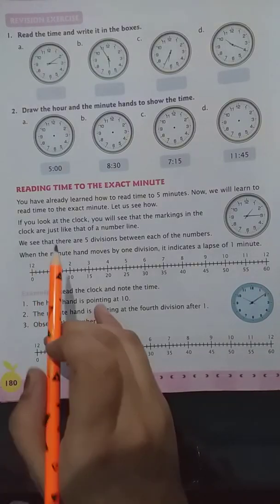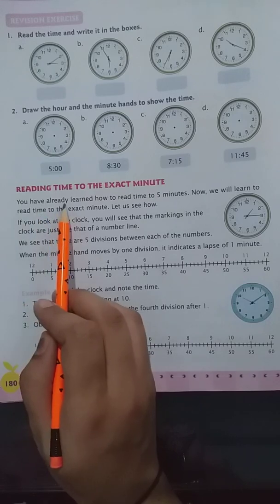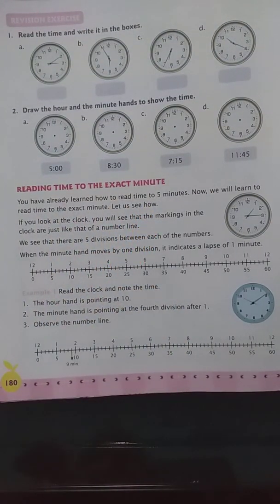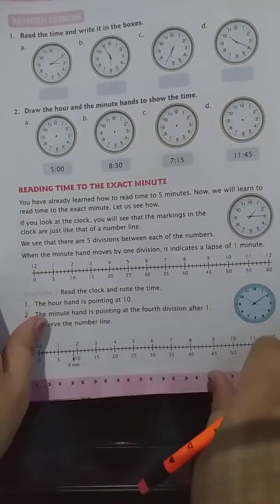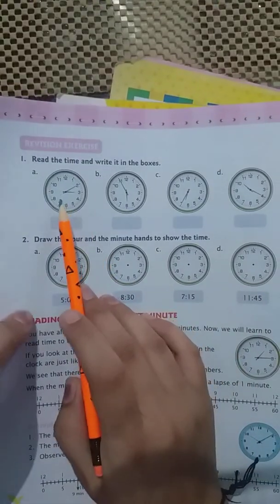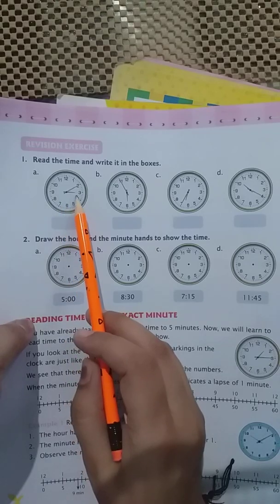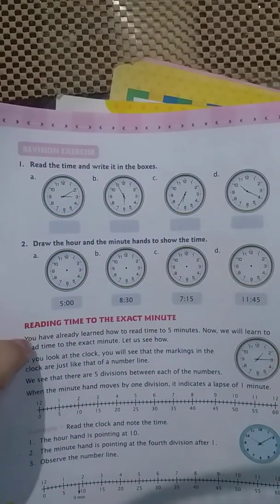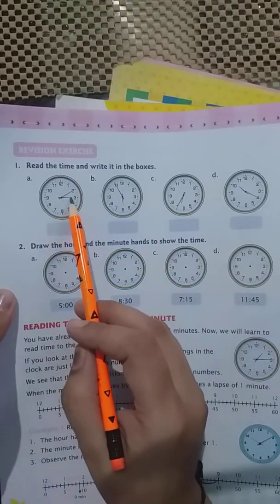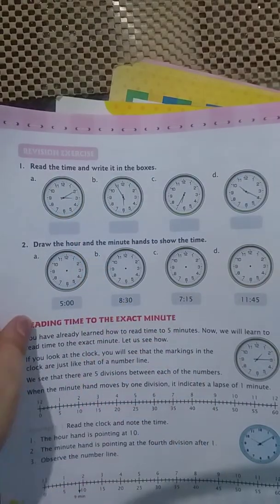So, moving to our first topic, that is reading time to the exact minute. You have already learned how to read time to 5 minutes, no? So, firstly, I am telling you how we can read a time. Look at this watch. Here we have two hands: one is the hour hand and the second is the minute hand. The smaller hand represents the hours and the bigger hand represents the minutes.